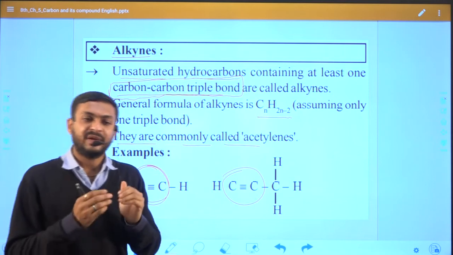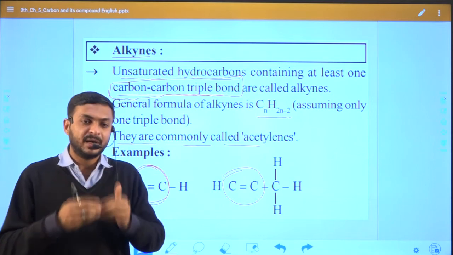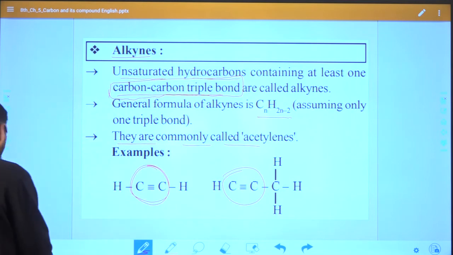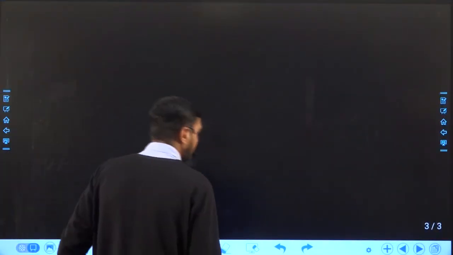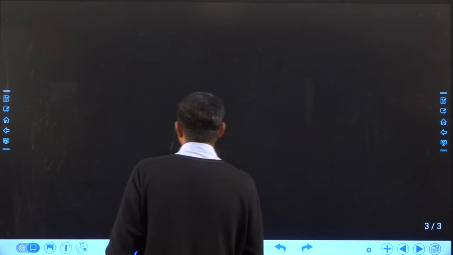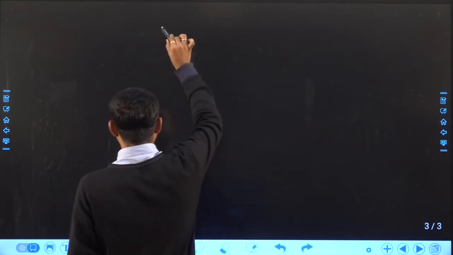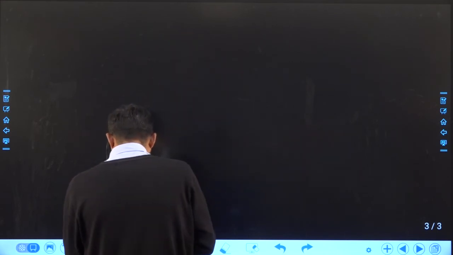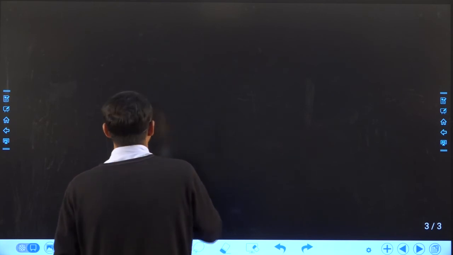Now how can we differentiate easily? If we understand the hydrocarbon with its general formula, we can easily classify into three categories.